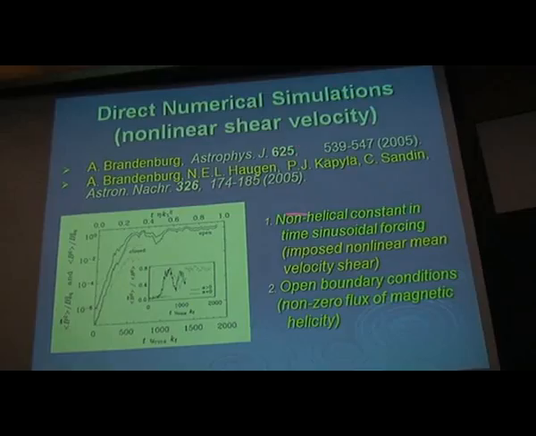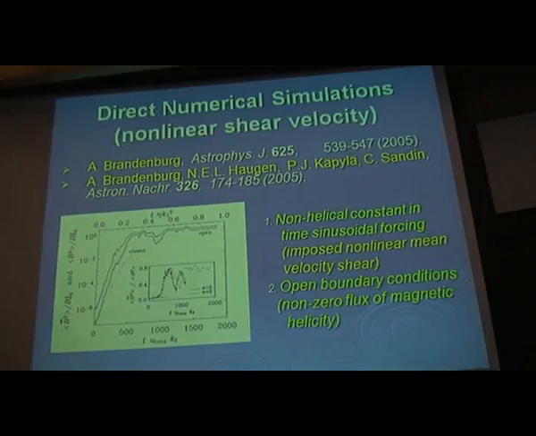He considered non-helical, constant in time, sinusoidal forcing, which causes an imposed nonlinear mean velocity shear, with open boundary conditions, and there is exponential growth of the large-scale magnetic field and then saturation at the level of equipartition. Simulations by Dmitry Shapovalov and Vishniac are very similar to these simulations.